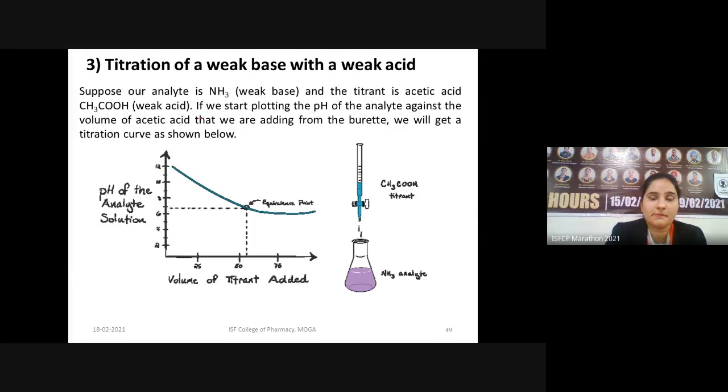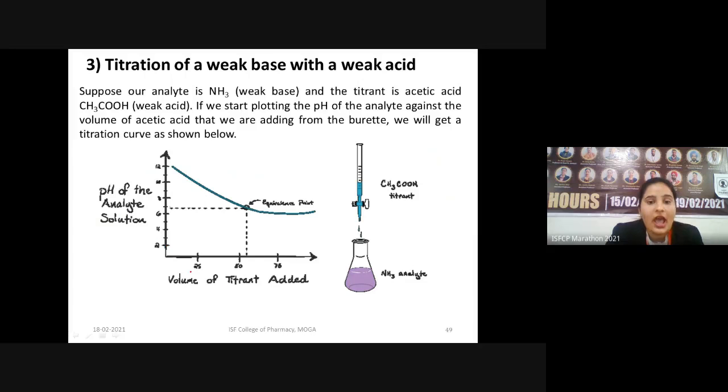Okay, the last type of titration is the titration of a weak base with a weak acid. Now, both acid and base taken will be weak here. Suppose we take the analyte ammonia and the titrant is taken to be acetic acid. Again on the x-axis we will be taking the volume of the titrant added, and on the y-axis we will be taking the pH of the analyte solution.